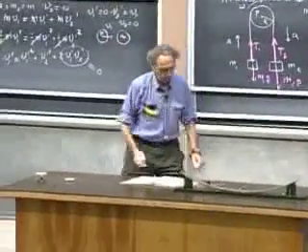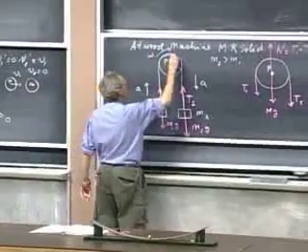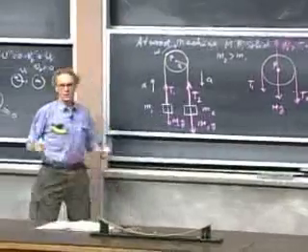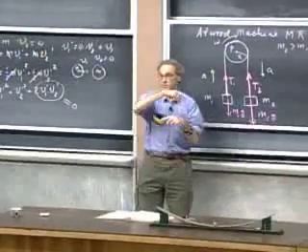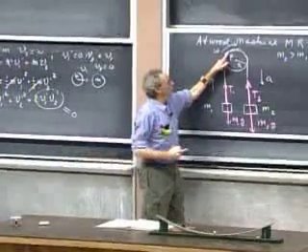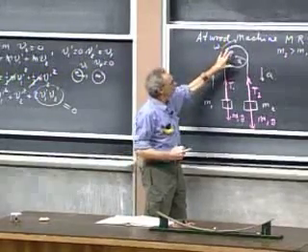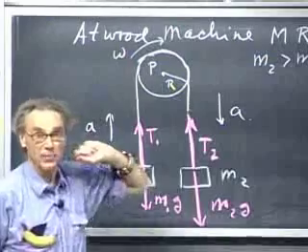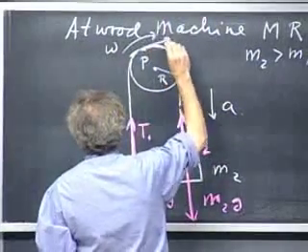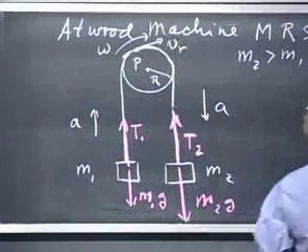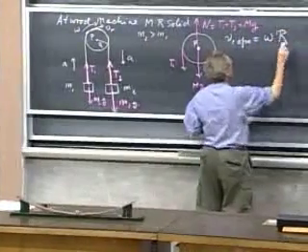So now we're going to calculate the acceleration under the condition that the rope does not slip. That means there is friction with the pulley, not friction here, but here, otherwise the rope would slip. What it means if there is no slip, that if the rope moves 1 centimeter, that the wheel also turned at the circumference 1 centimeter. That's what it means when there is no slip. That means the velocity of the rope, V of R, V of the rope, must be omega times R of the pulley.